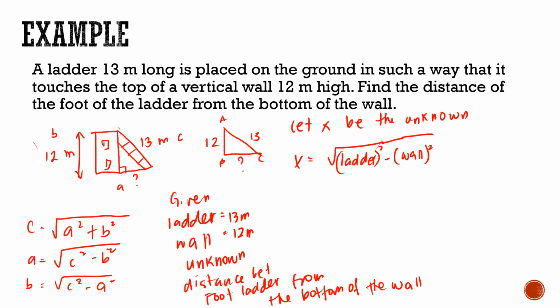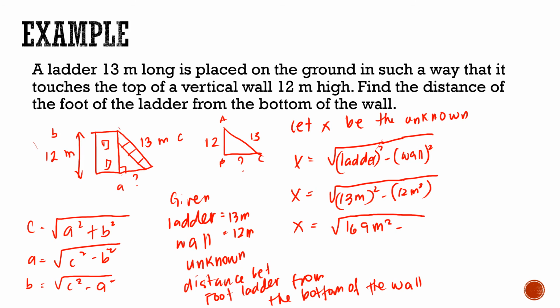So let's substitute. We have x is equal to the square root of 13 meters squared minus 12 meters squared. Let's get first 13 meters squared: 13 times 13 is 169. Then 12 times 12 is 144 meters squared.